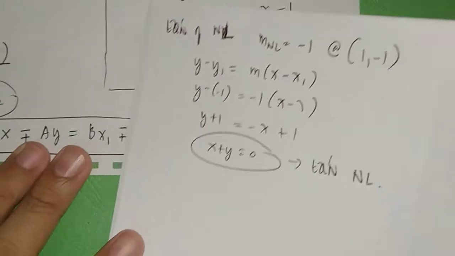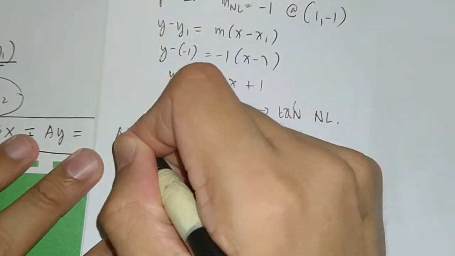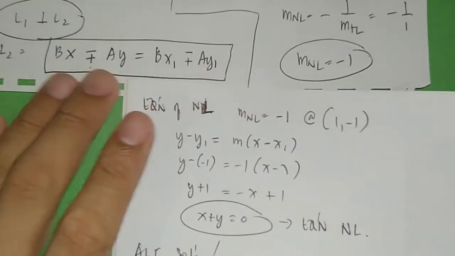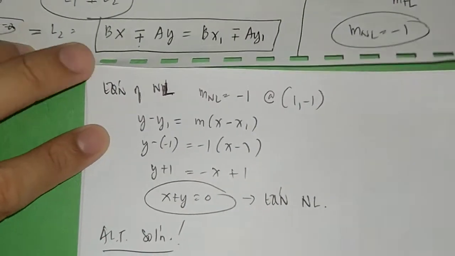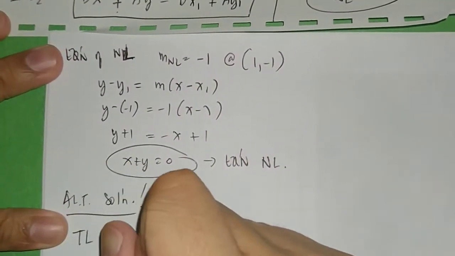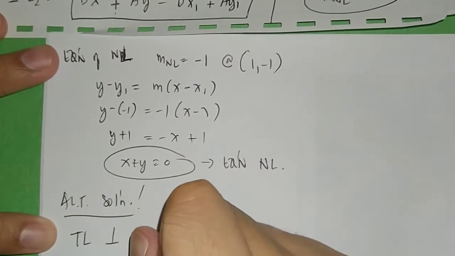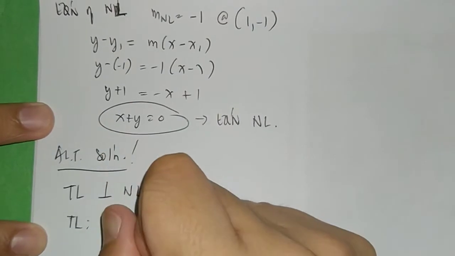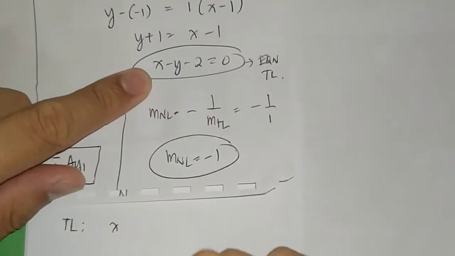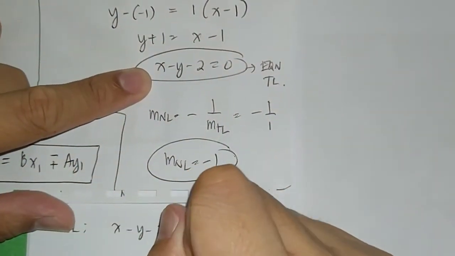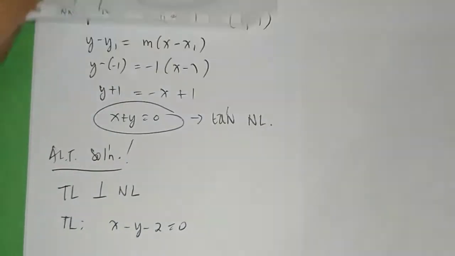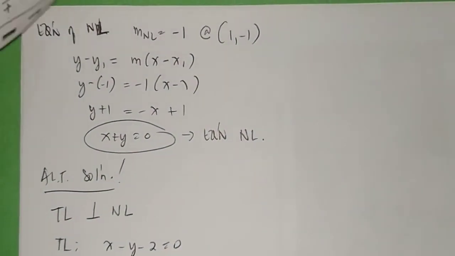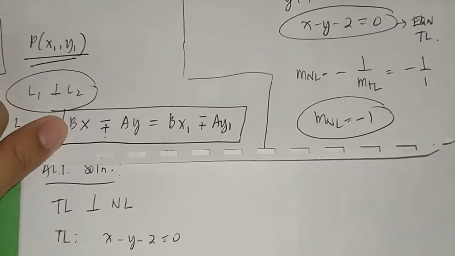So using an alternate solution, using the formula or the relationship between perpendicular lines, since tangent line is perpendicular to normal line, and the equation of tangent line is x minus y minus 2 is equal to 0, we are to prove that the equation of the normal line is x plus y is equal to 0 using this particular principle.